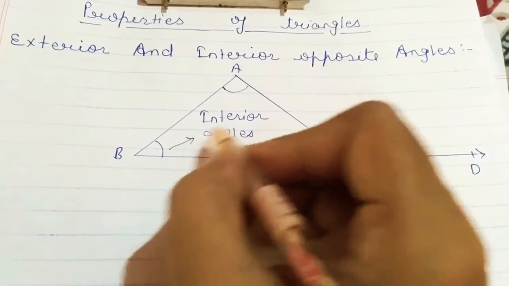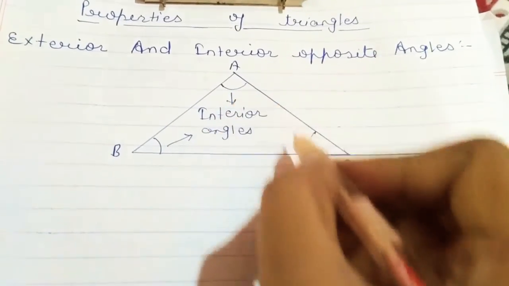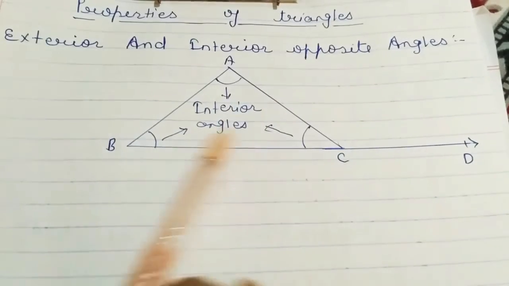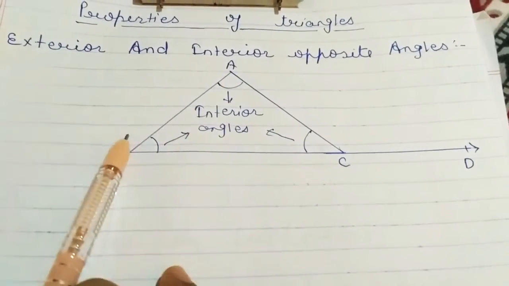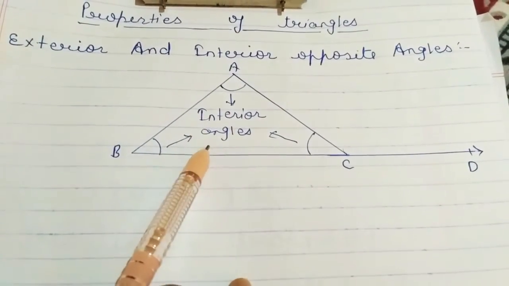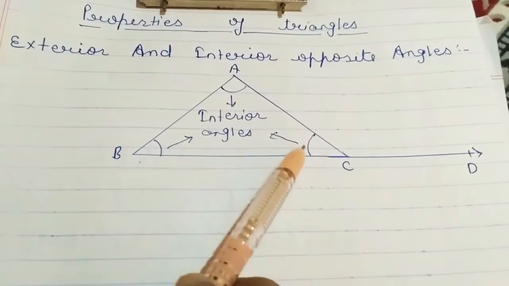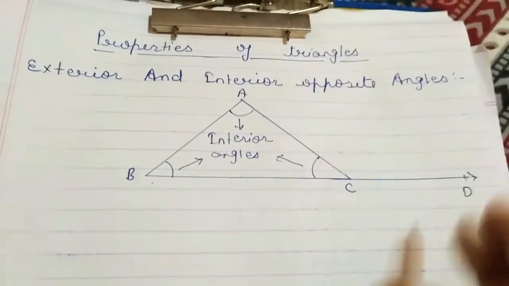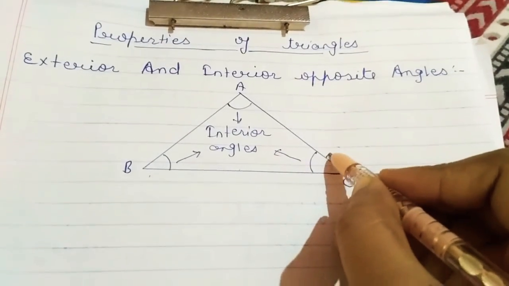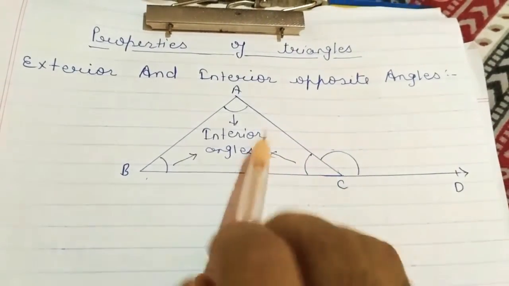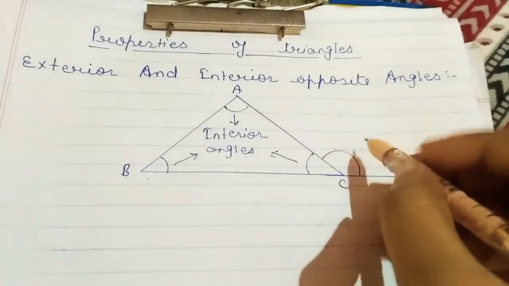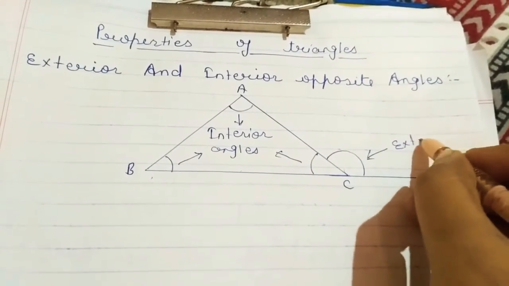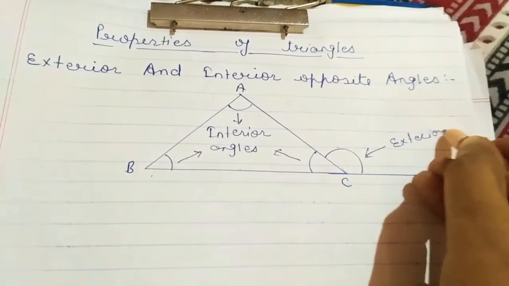You can see here angle A, angle B and angle ACB are interior angles. On the other side, angle ACD, that means this angle, is known as the exterior angle.